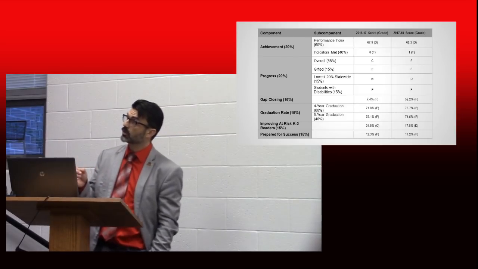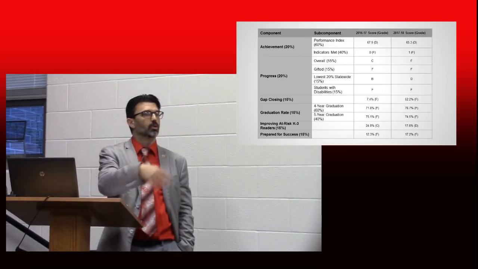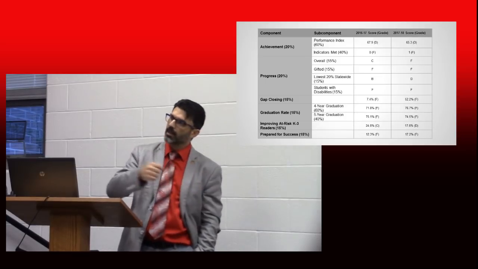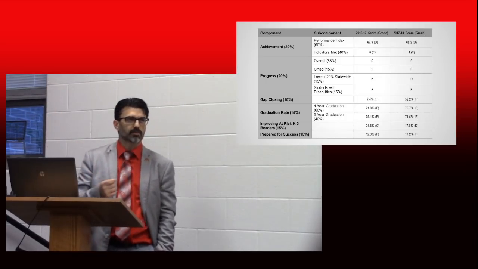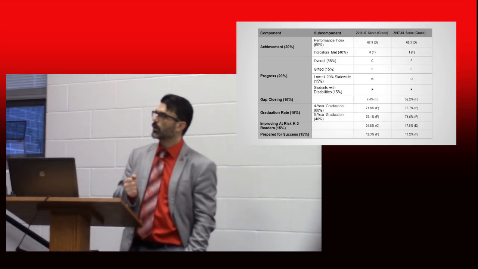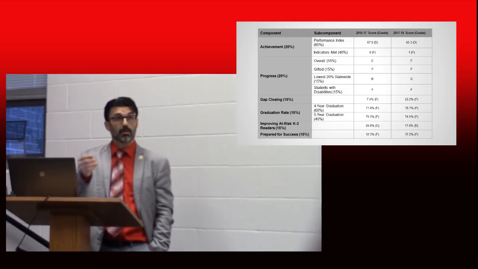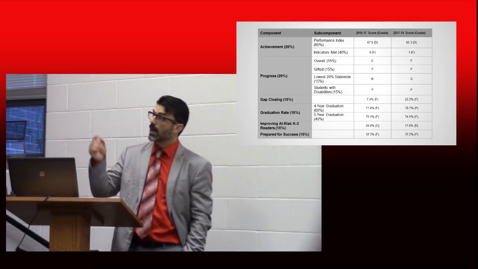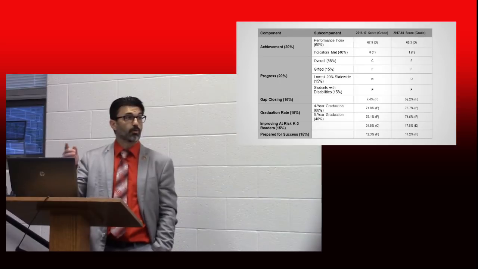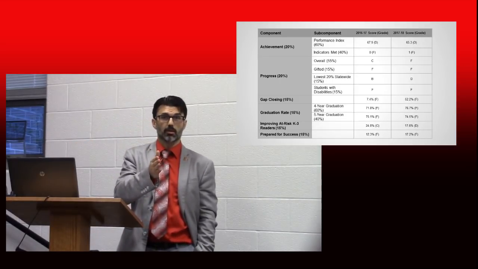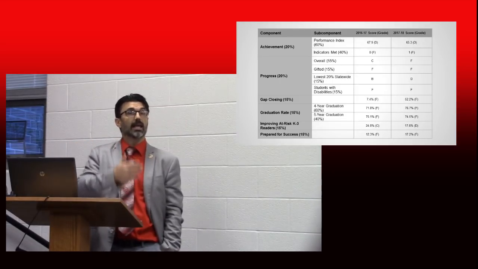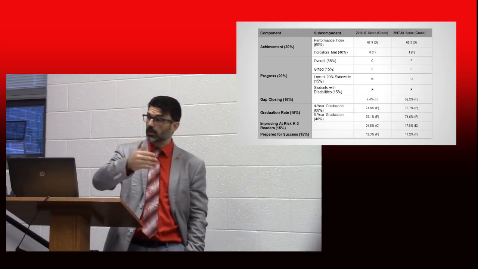Now the exceptions are, and don't worry, I'm going to explain what each of these means: performance index, where we performed similarly but a little bit lower, and value added, where we performed much lower than the previous year, and that's really what led us to the F overall designation.